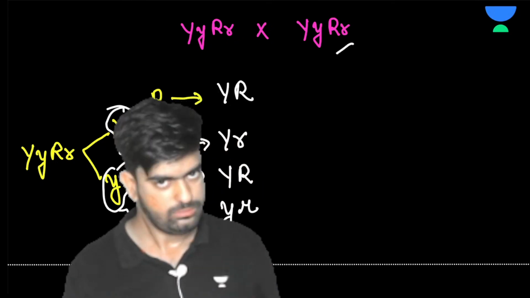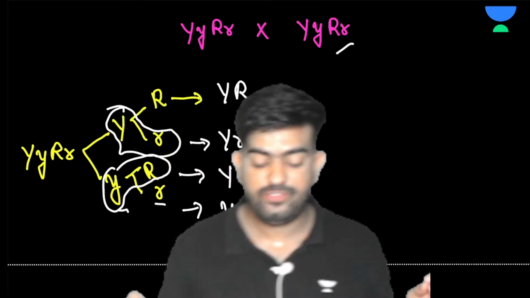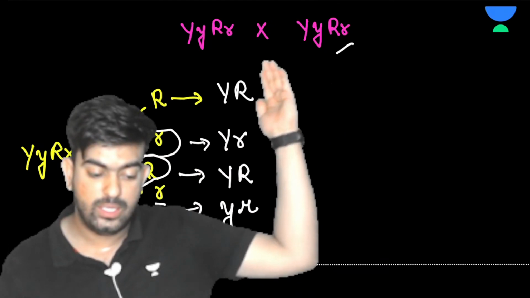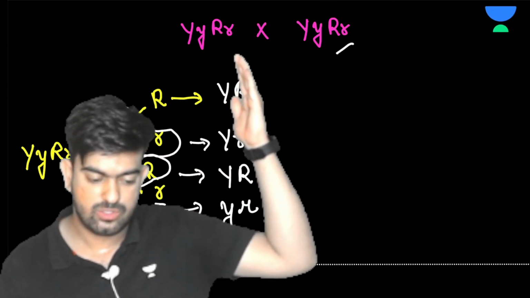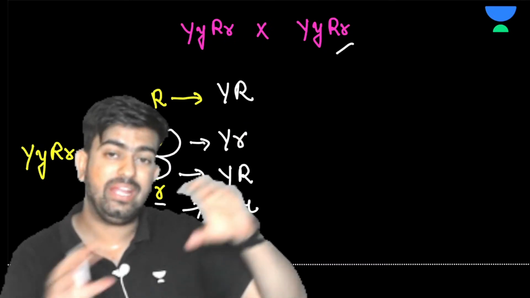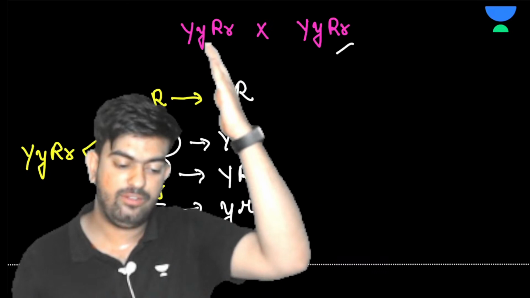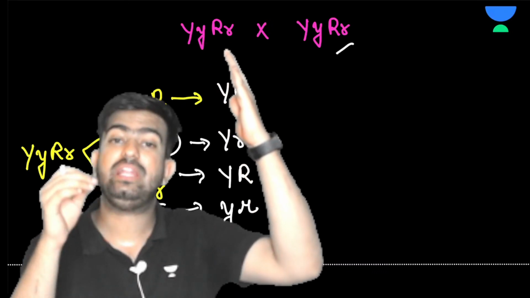Now what we have to do is the cross between these. So in total we will have 4 gametes from this parent and 4 from the other parent, so 8 gametes.